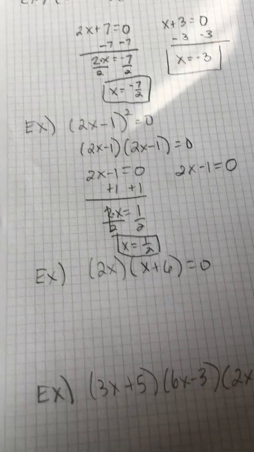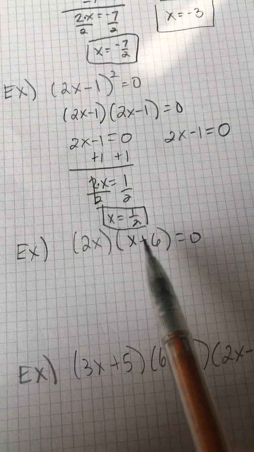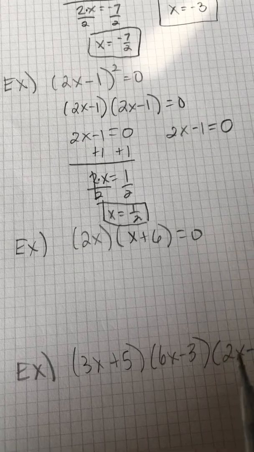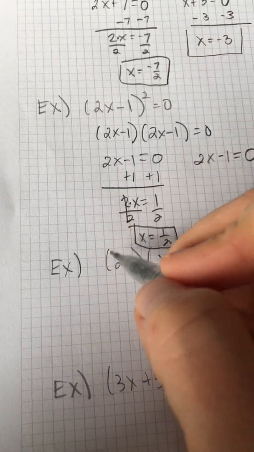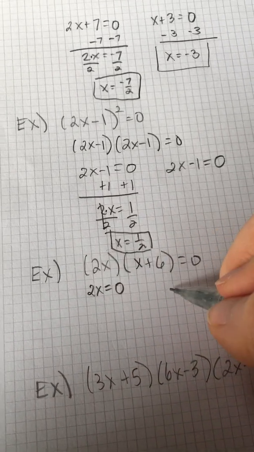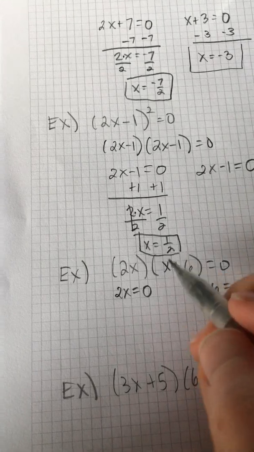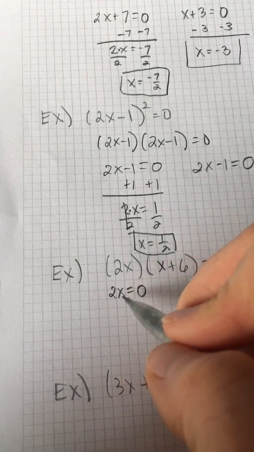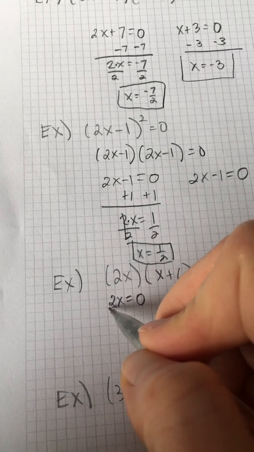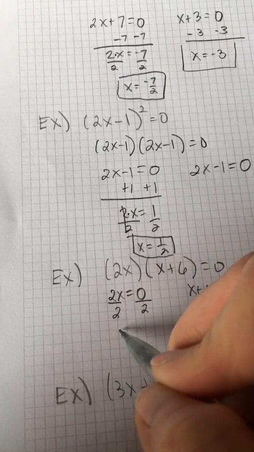Next problem, here's a linear factor, here's a linear factor being set equal to 0. We can use the zero product property, which says take your first factor, set it equal to 0, take your second factor, set it equal to 0, and solve. How do I solve this equation? How do I get this X alone? Well, I recognize multiplication's going on, so I divide the 2.